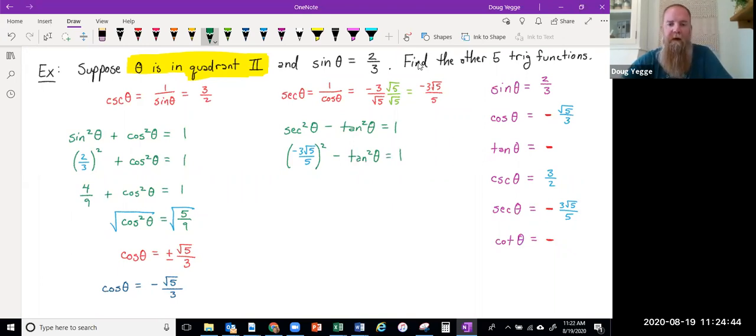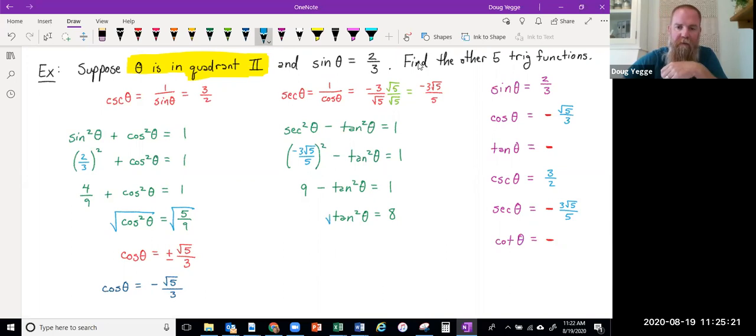Well, let's go ahead and square, and notice that when I square the left side, squaring a negative makes it positive. So the numerator is 9 times 5, or 45. 45 divided by 5 is 9. Minus tangent squared theta equals 1. And now if I want to get tangent squared theta alone, I'm going to subtract 9, which gives negative 8. But then I have to divide by a negative to get tangent squared theta to be positive. And now I'm left with tan squared theta equals 8.